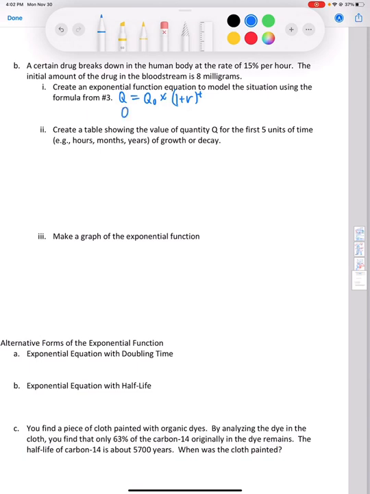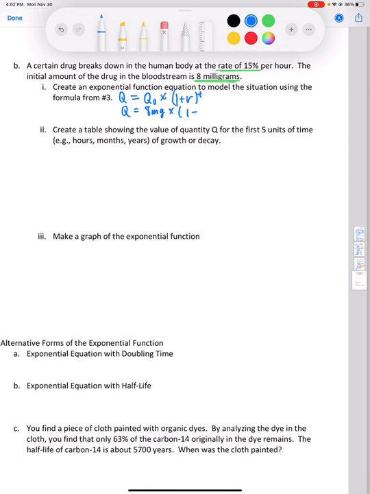In this case, Q sub 0 is the initial amount, which is 8 milligrams. The rate is 15% per hour. Okay, so that's our time is in hours.